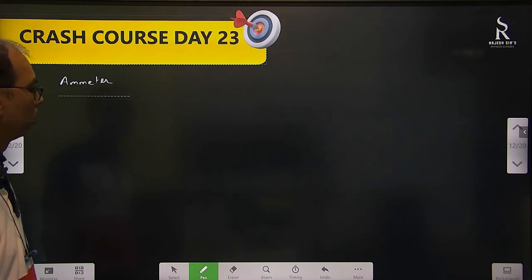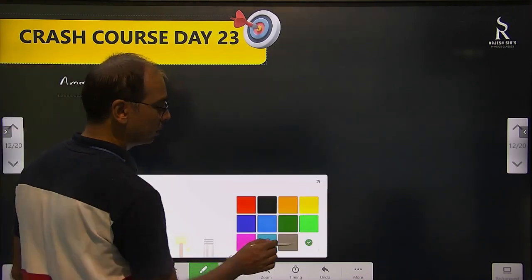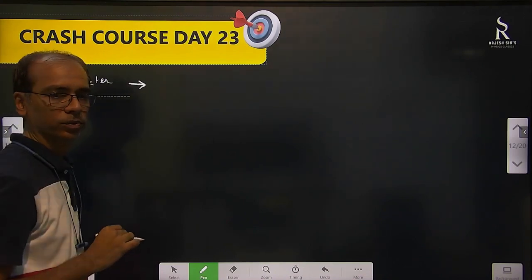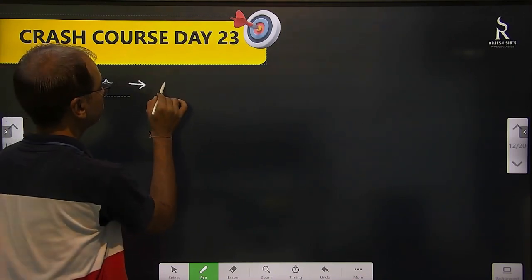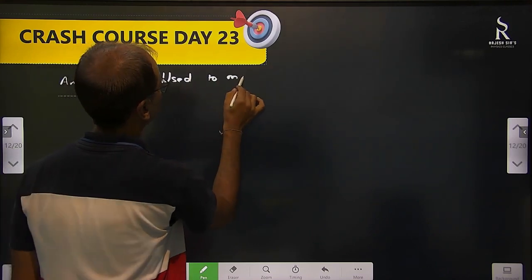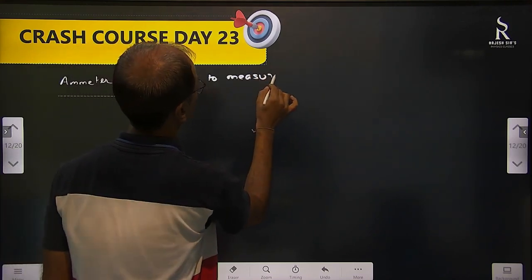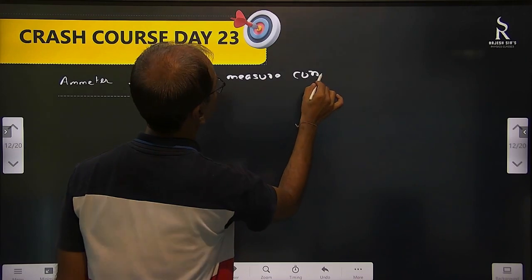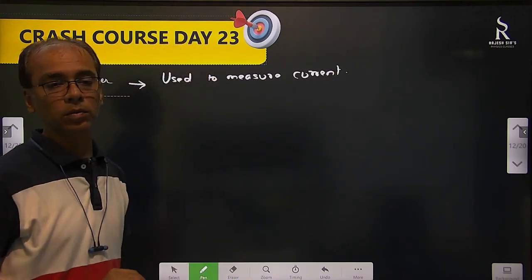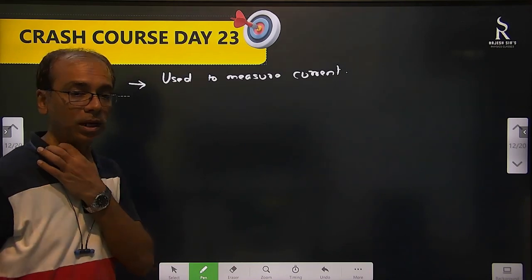So, ammeter now. What is an ammeter? An ammeter is a device used to measure current, and large amounts of current also. We are making this ammeter from a galvanometer, but we said that a galvanometer cannot measure a large amount of current.